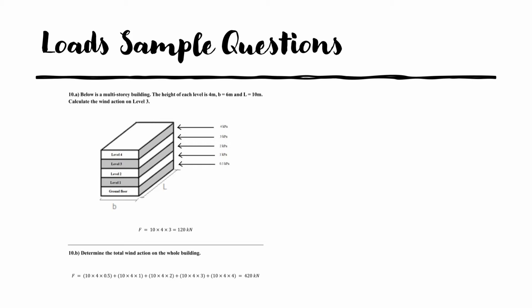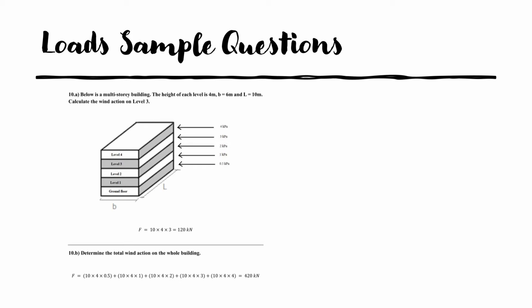Part B of the question asks us to calculate the total wind action on the entire building. As we know from the previous question, each level of the building has the same impacted area for the wind action. However, the wind pressure is different for each level.